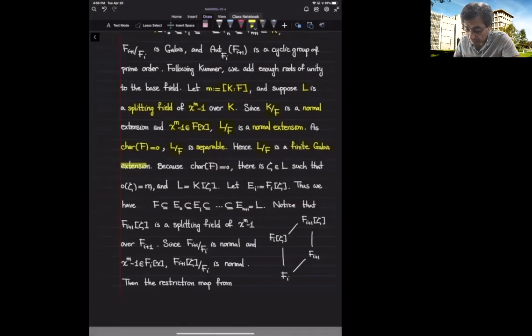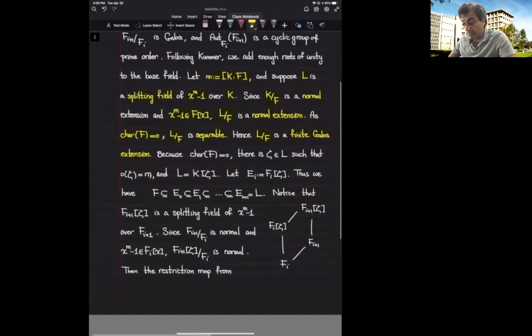Okay, so now x to the m minus 1. What are the zeros? The zeros of x to the m minus 1 form a subgroup of the field L, and it's a cyclic subgroup.